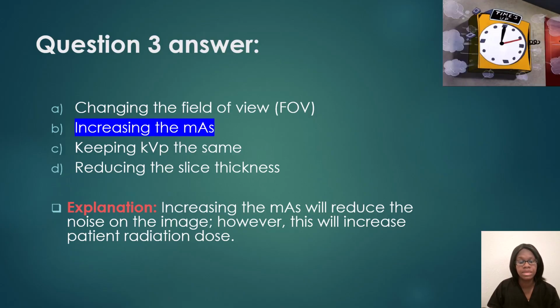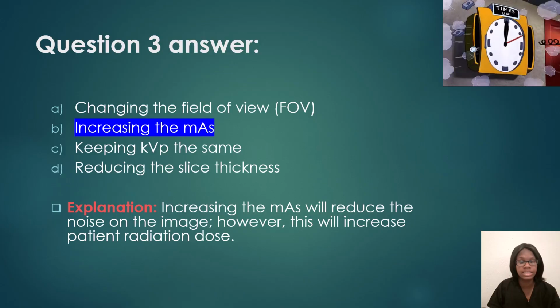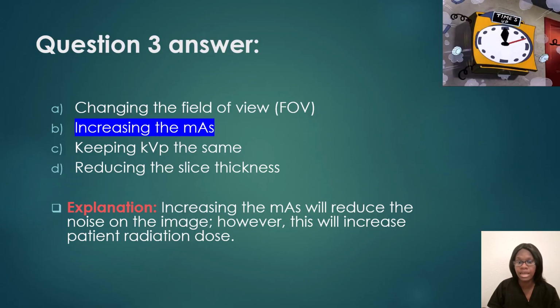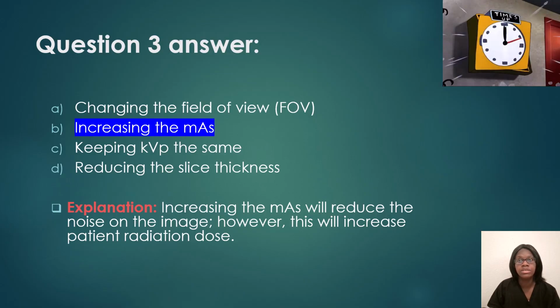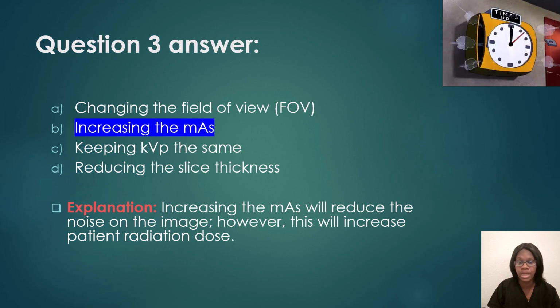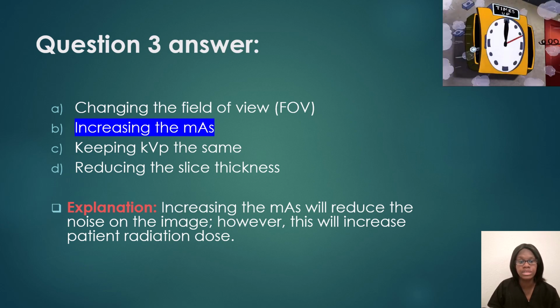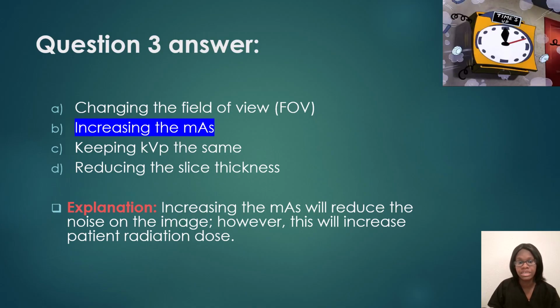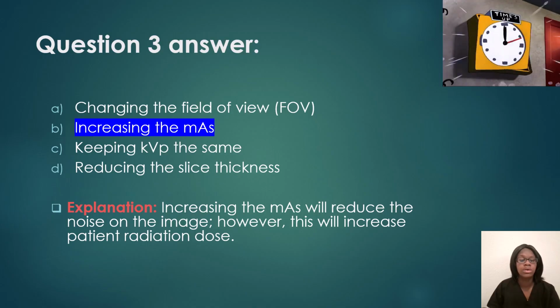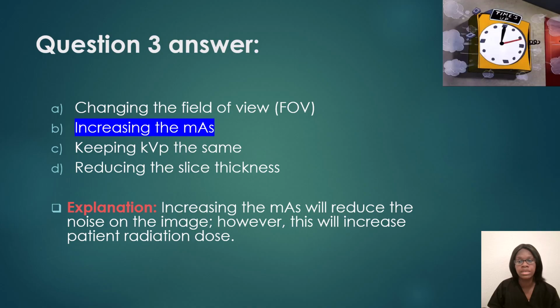So whenever I normally have to increase the mAs, it's pretty much because of something like a CT PE exam, where due to the body habitus, the image was just a little grainy. So whenever you increase the mAs, it will reduce the noise on the image, but it will also increase the patient radiation dose. So just look at that the next time you do a PE scan or something.